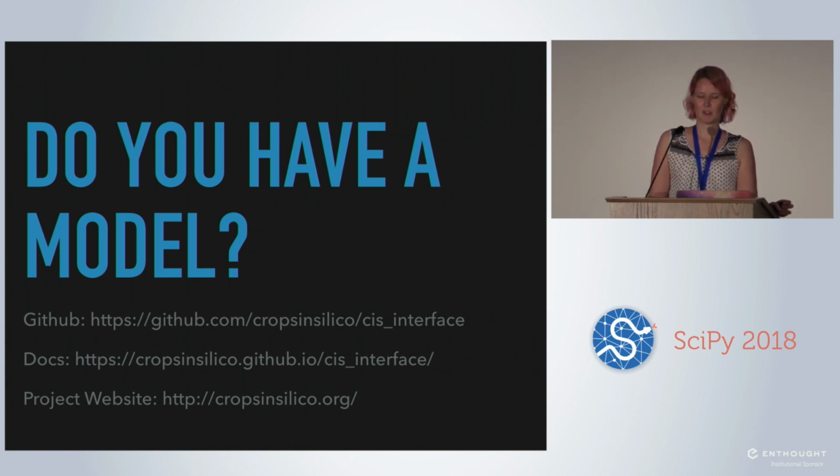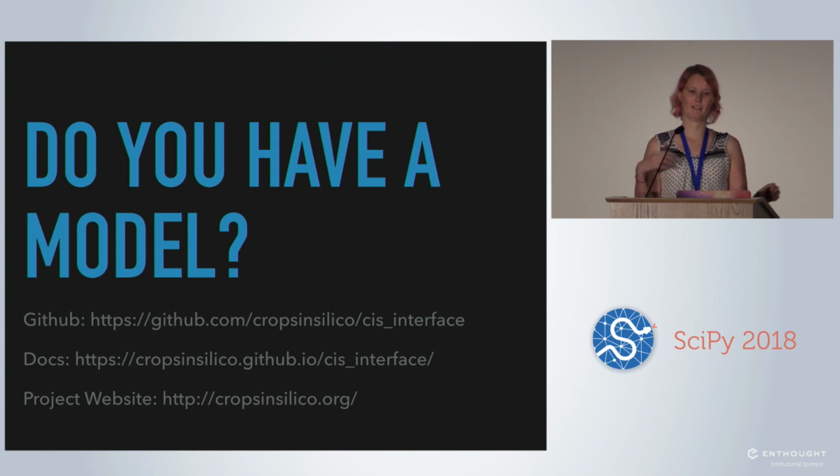So I think people are coming to the group. Right now, within our Crops in Silico group at University of Illinois, we're working with at least 2 other groups with models outside of our internal groups. So I think we're slowly building it.